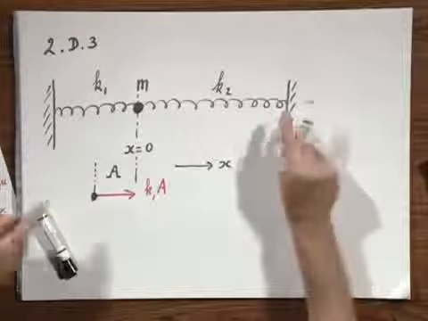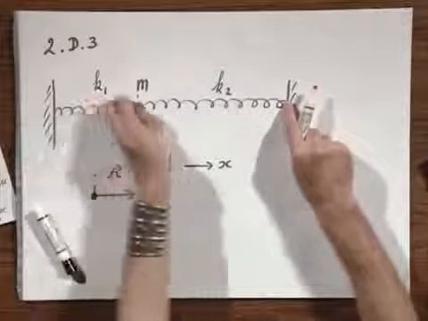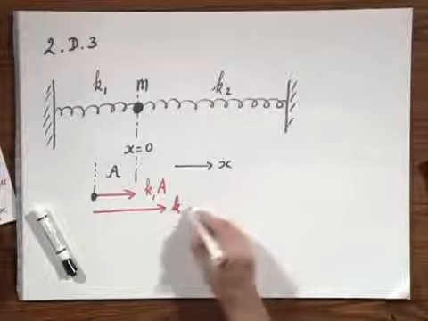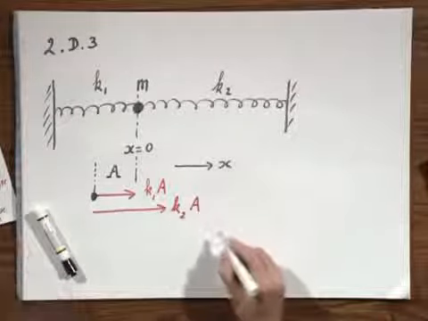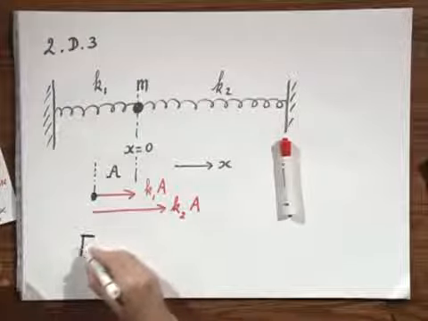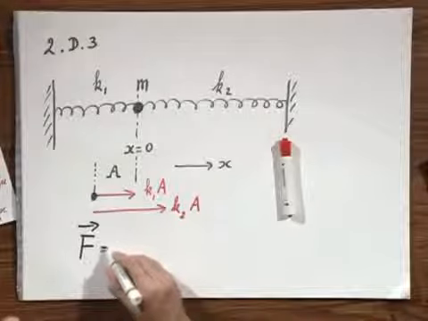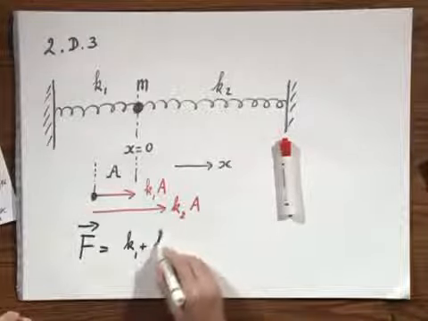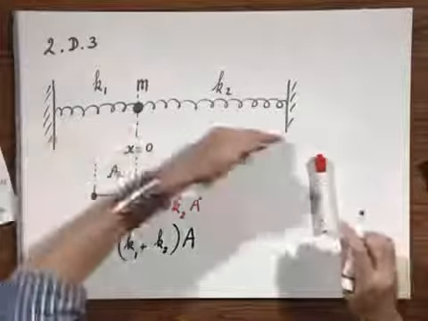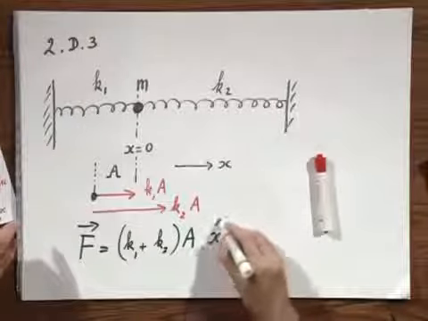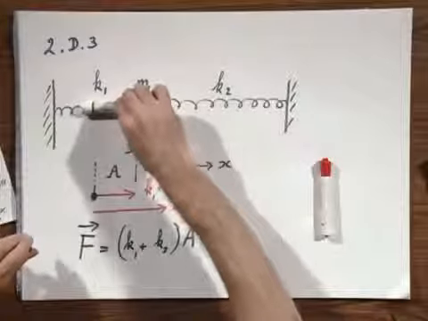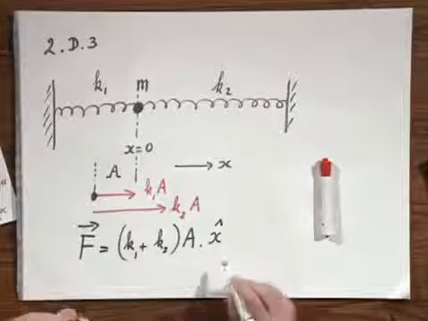But of course this spring is longer than it wants to be, so it will pull inwards, so there will also be a force on M in the positive x direction, which is K2 times A. And so the restoring force F, which I write down as a vector equation, equals K1 plus K2 times x. And to remind you that it is in the positive x direction, I will introduce this x roof, and x roof simply represents the unit vector in the plus x direction.